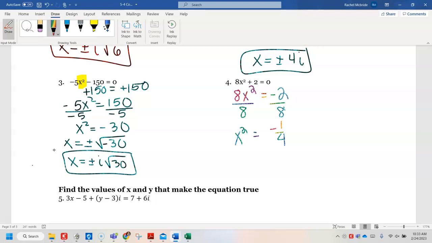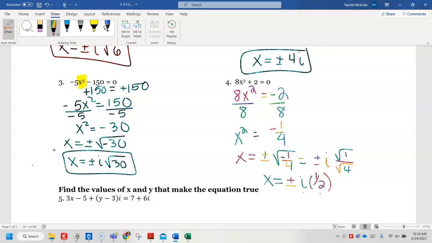So when I take my square root, I get x equals plus or minus the square root of negative 1/4. That's the same as plus or minus the square root of 1 over the square root of 4. So 1 and 4 again are perfect squares, and x is equal to plus or minus i times 1/2.